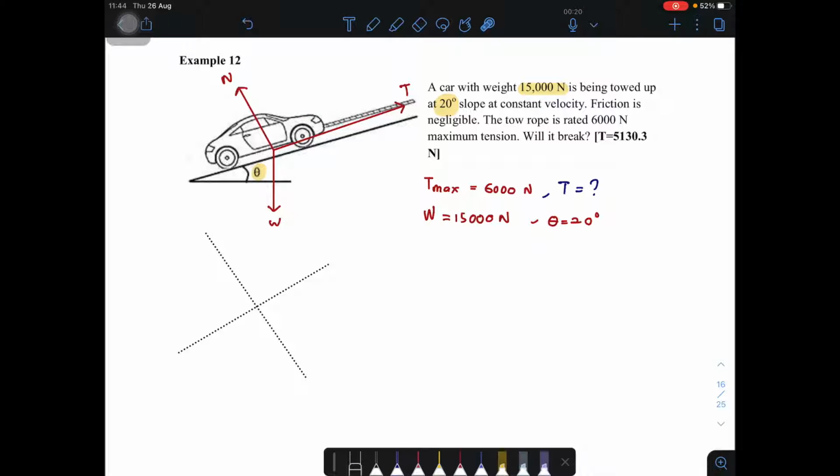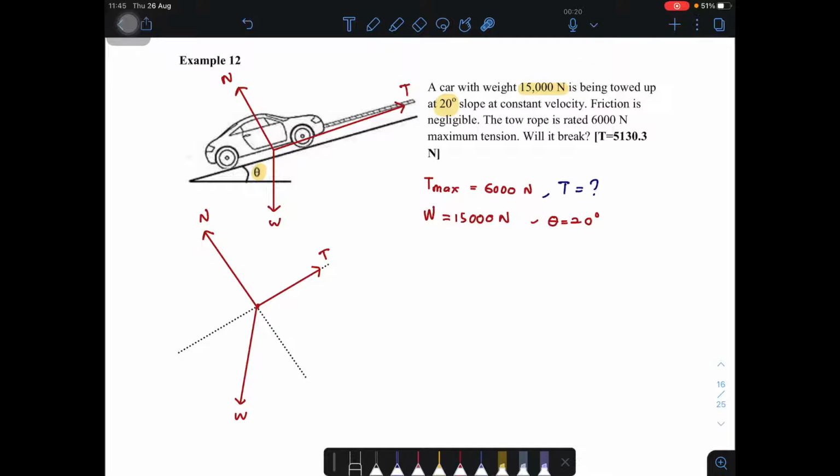Okay, and then masukkan dalam free body here ke bawah W. Sini adalah normal force ni. This one, this is y axis, this is x axis. So going here is the T.